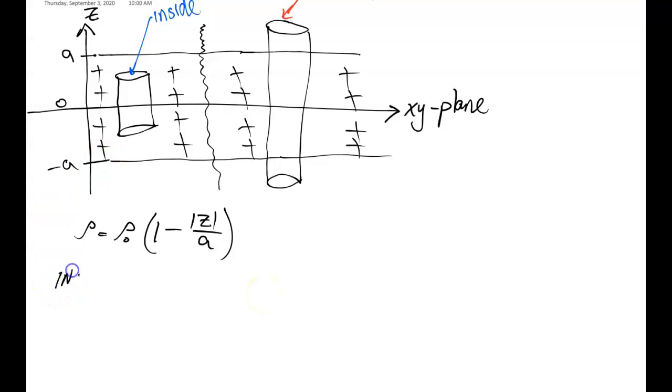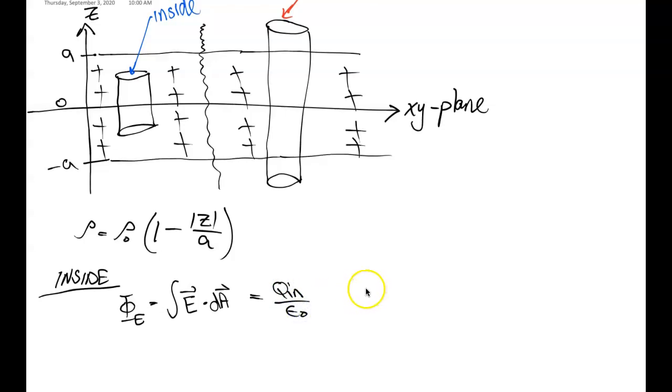So if we look at the inside case, we can say that the electric flux is the integral of the electric field dotted with the differential element of area, but this is also equal to the enclosed charge over epsilon naught.